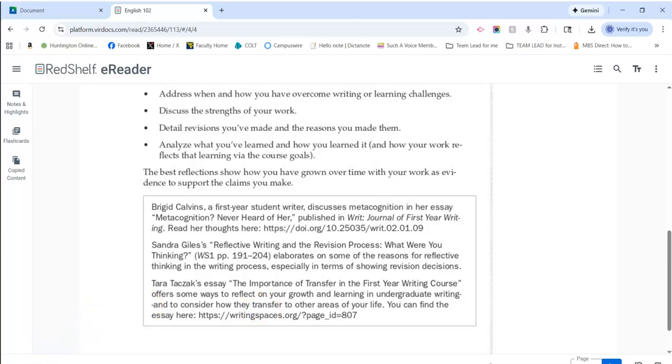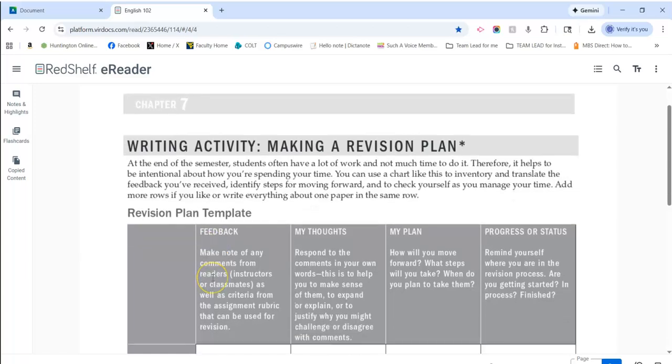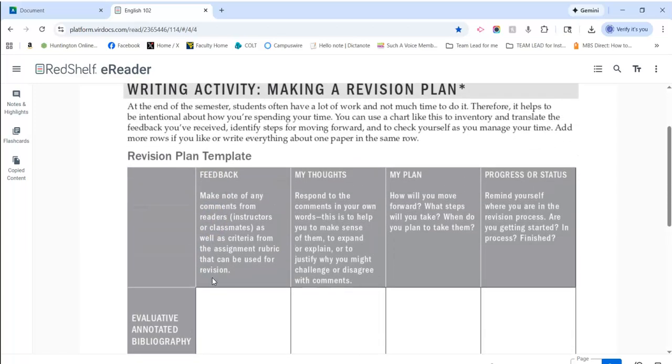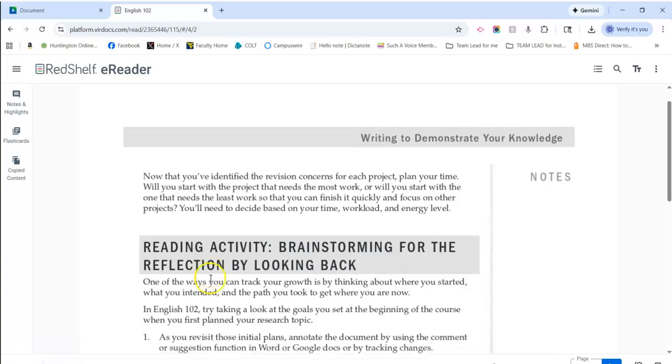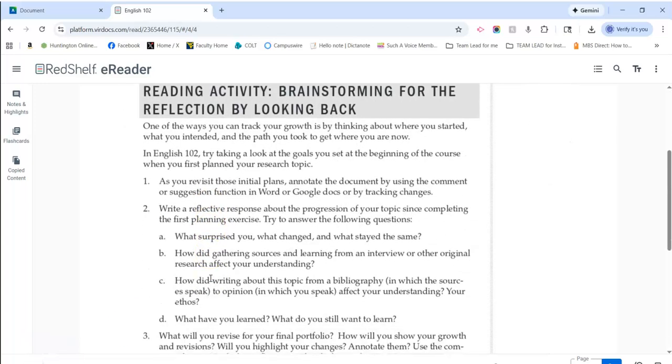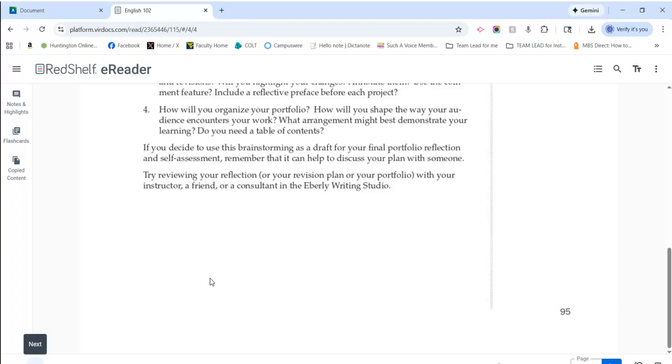Next page is an activity, making a revision plan. Now, I'm not sure off the top of my head. Let me look at these next few pages here. Reading activity, brainstorming for the reflection, looking back.